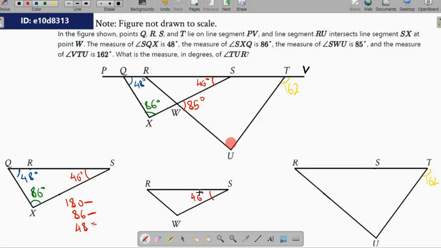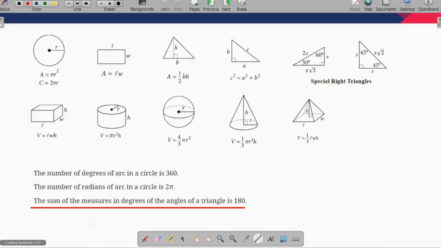Perfect. Now, where do we go next? Well, now we need to go over a different type of rule. The first thing I want to address is that RU and SX are just two segments. Whenever we have two lines that run into each other, they create four angles.